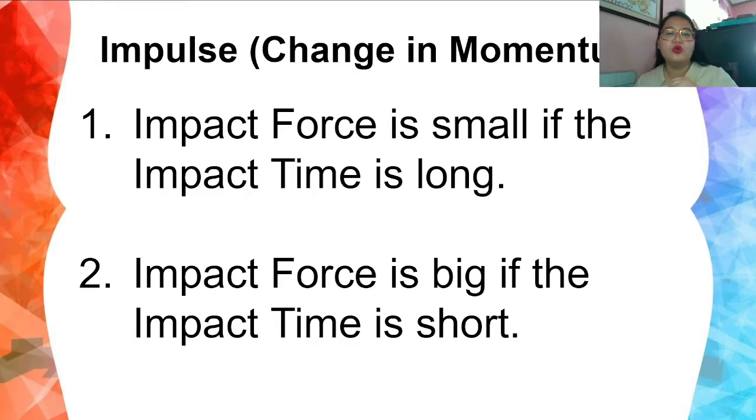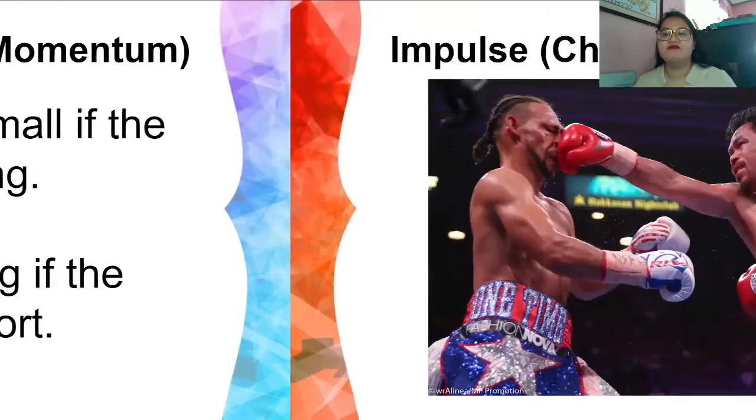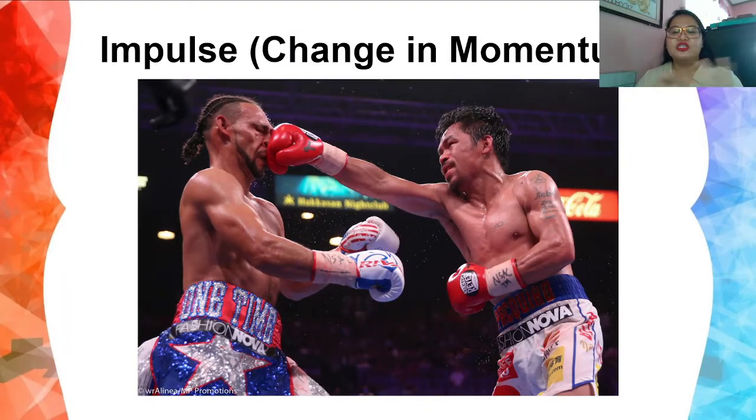Okay? To further explain this one, let's have some pictures. Ayan. So, this is a picture of one of the boxing matches of Senator Manny Pacquiao. Mapapansin nyo sa boxing, isa sa pinaka-applicable yung impact force at impact time. Pag sumusuntok ang mga boksingero, hindi naman slow-mo yung suntok nila, di ba? Kailangan mabilis.